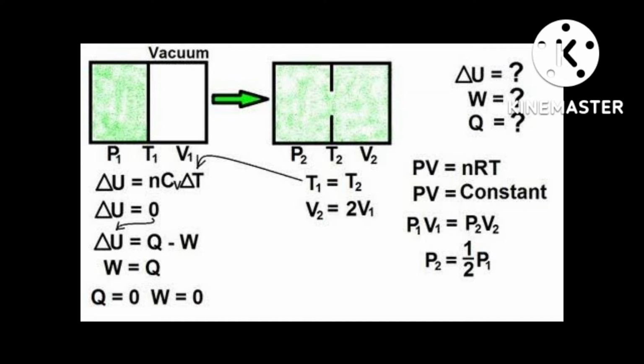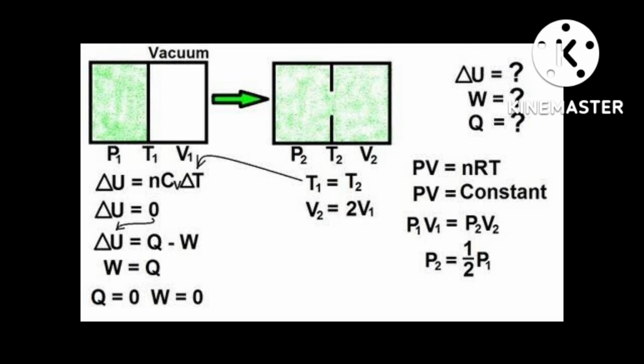Now just remember the formula: delta U, the change in internal energy, is equal to Q plus W. First law of thermodynamics. Here W is 0 and Q is also 0. Hence delta U is equal to 0.